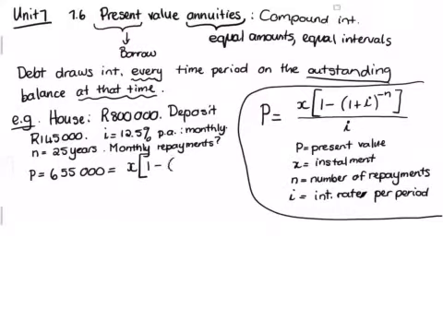Then this becomes 1 plus 0.125 over 12, because it's monthly, to the minus 12 times 25. 25 years, but 12 payments per year. So your n is the number of repayments. And this is again 0.125 over 12.